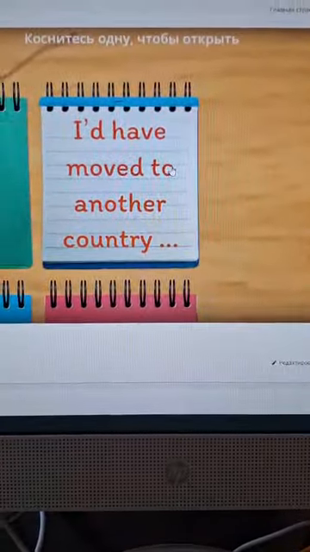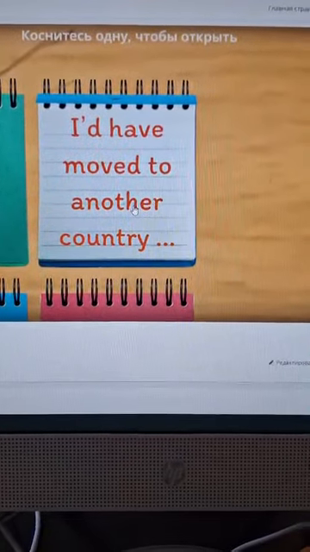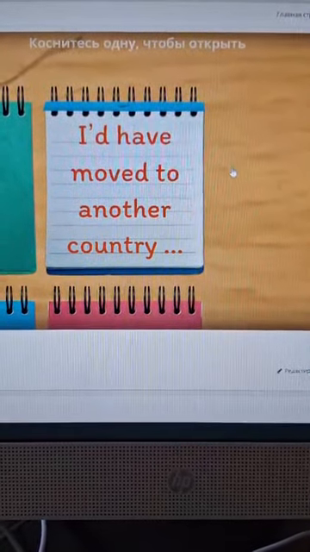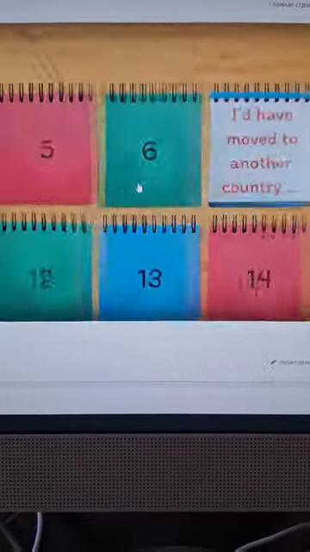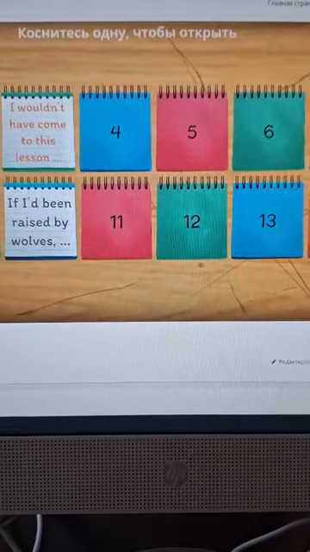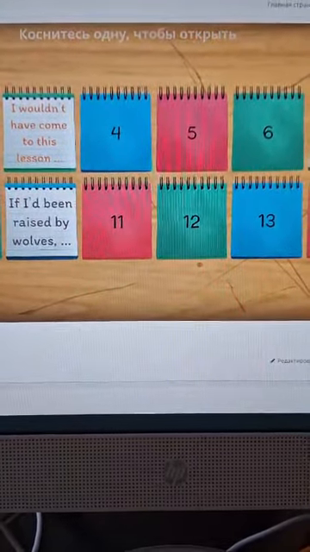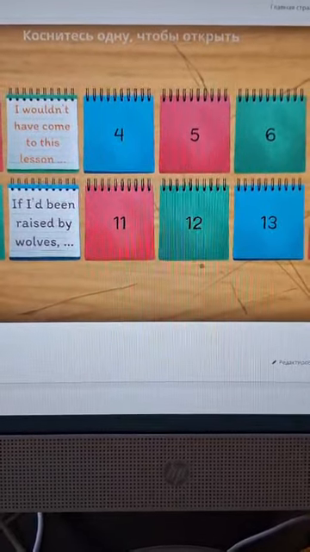If I had moved to another country, I would have done or wouldn't have done something like that. All this exercise takes no more than one lesson time. We can easily complete this one, and after that we are going to complete one more.